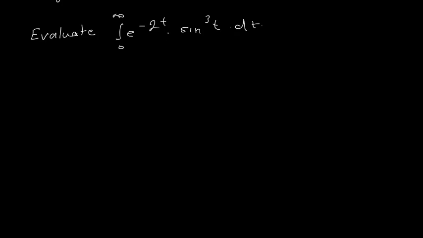So here we know sine 3t. Sine 3t is 3 sine t minus 4 sine cube t.